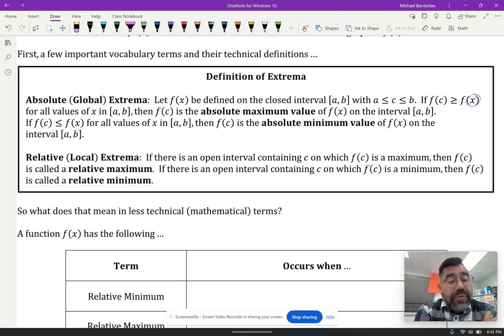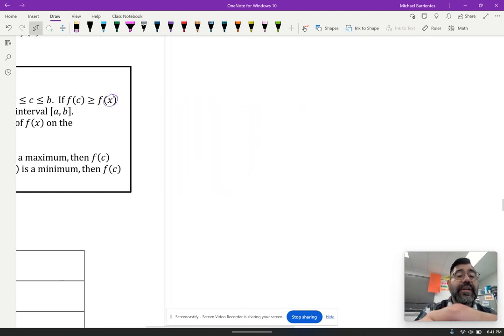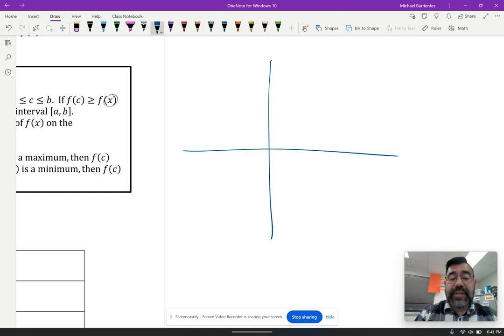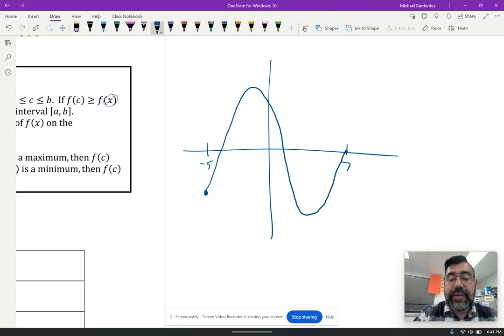For those, we need to understand how to visualize some functions. So let's visualize something. Let's say that I'm starting here at -5 and I'm ending over here at 7. I might have a graph that starts here and then goes up, then comes down and lands here.